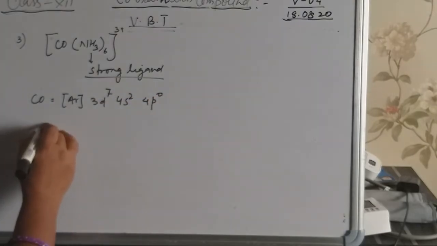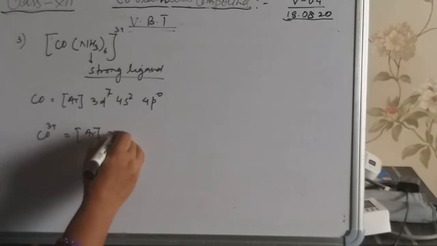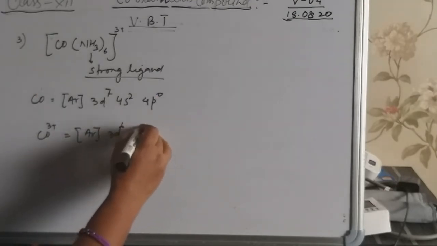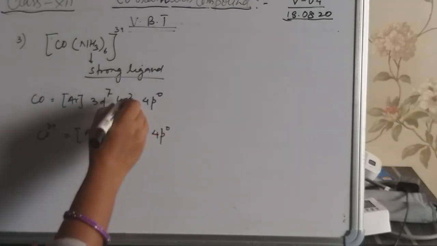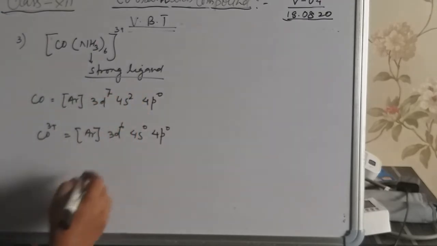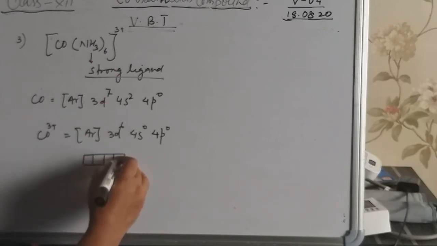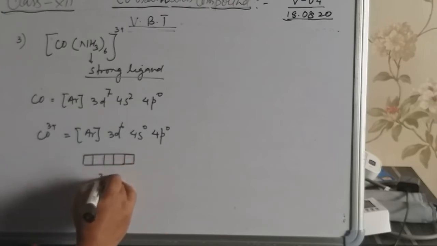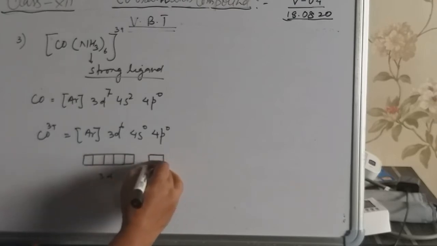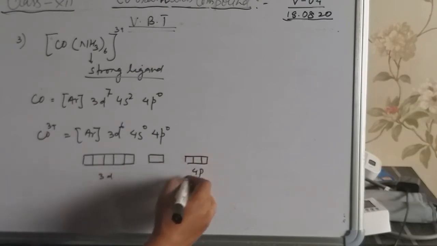Here cobalt is in the +3 oxidation state, so write down the configuration: 3d6 4s0 4p0. 2 from here, 1 from here. So 3d6 configuration, 3d, 4s and 4p.